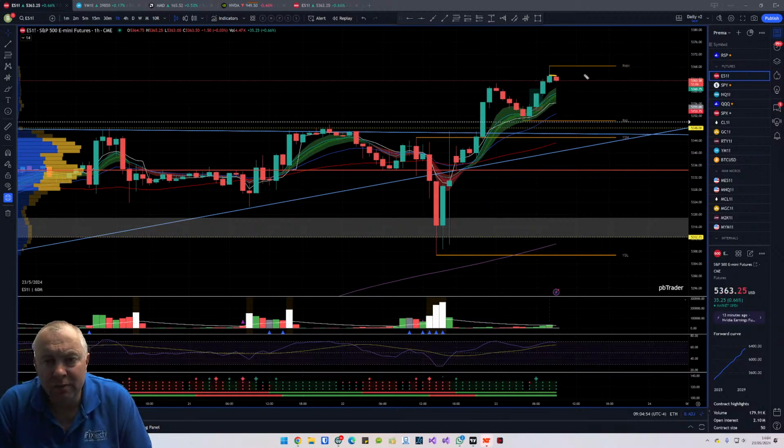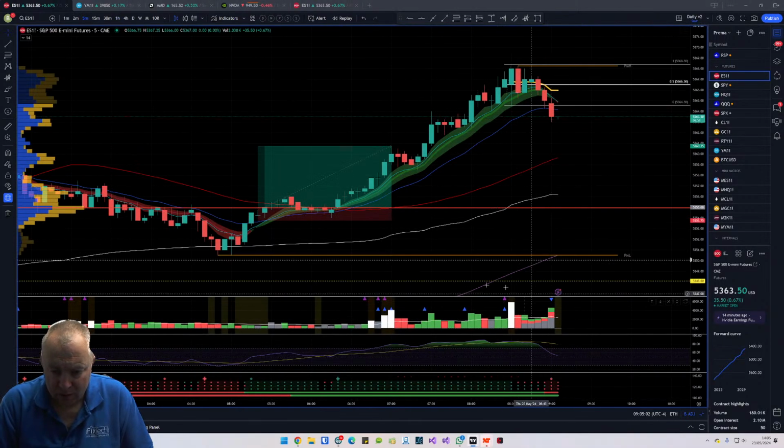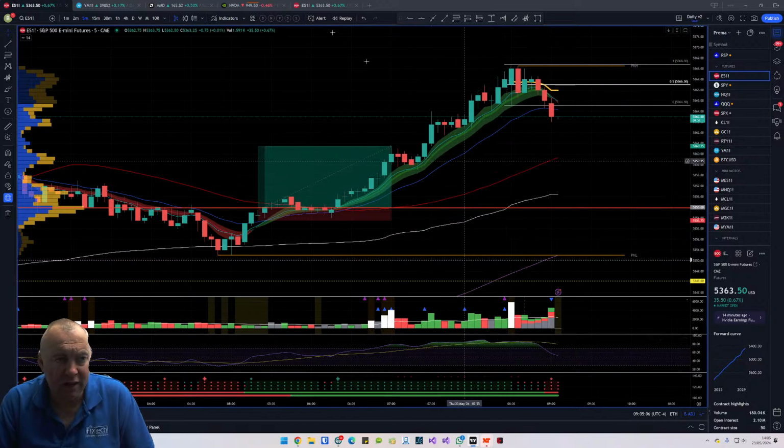Rejection wise, we are pretty extended. If we look at the 5 minute, you can see we were up in the RSIs. We've been pretty extended all day, and the only place I could see a rejection, and it's already gone now, is exactly this area here.